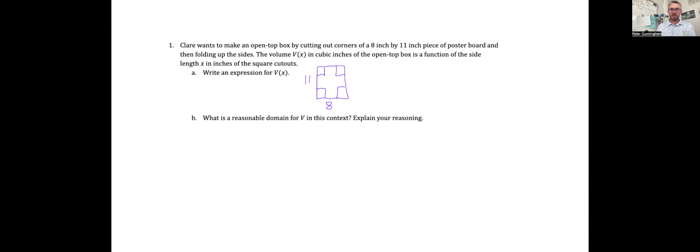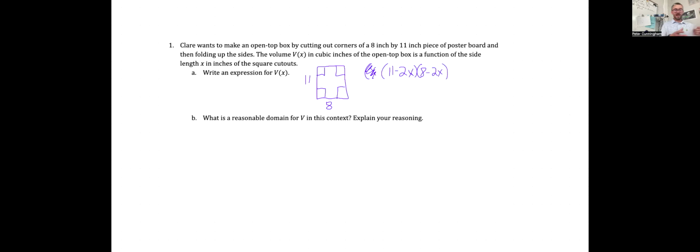So I'm taking my 11 side and I'm going 11 minus 2x. X is just represented for however big that cut you make is. And then the other side, 8, that's where the 8 minus 2x is.